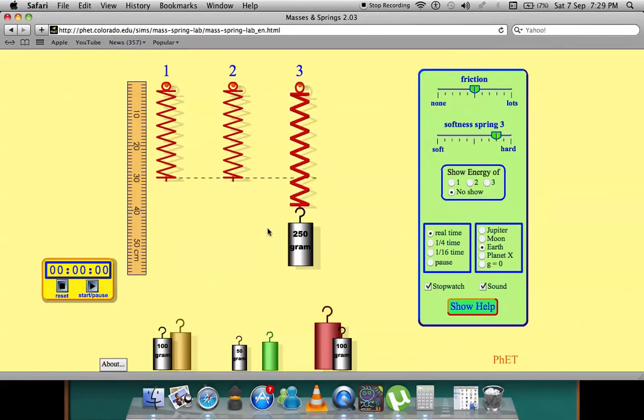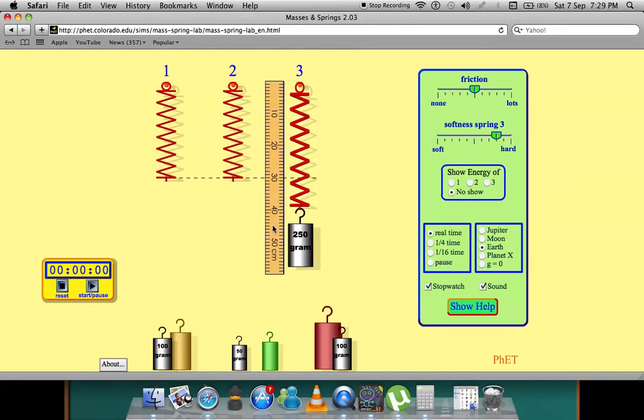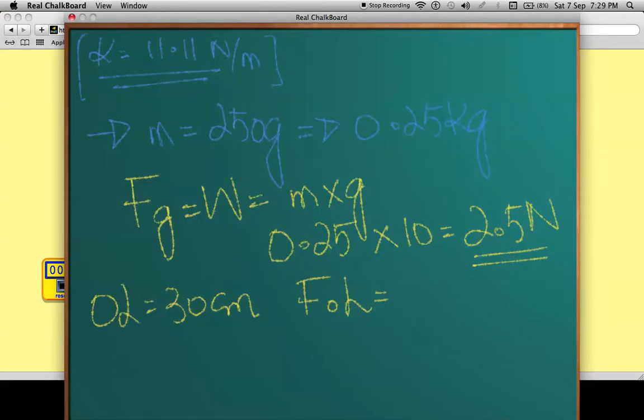So let it come to its stationary point, and the final length, if I keep it here and move the scale here, you can see this comes around 30. This is 40, so this is 39. So the final length is 39 centimeters.